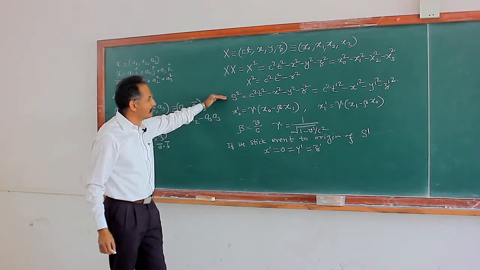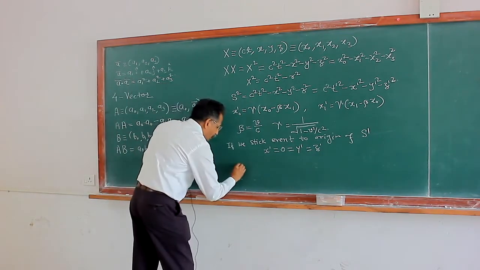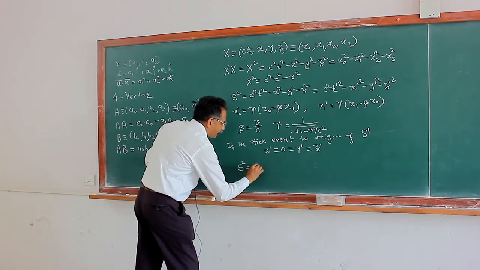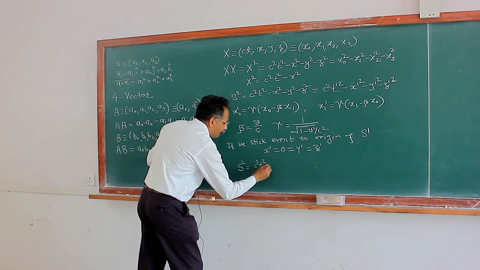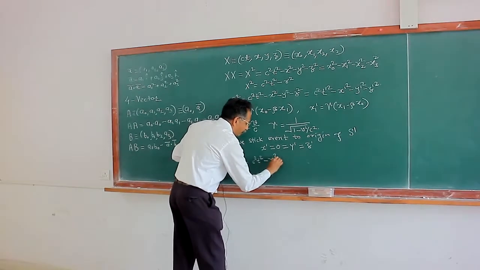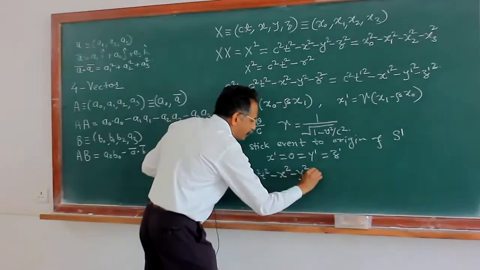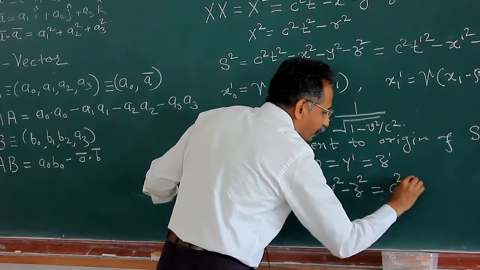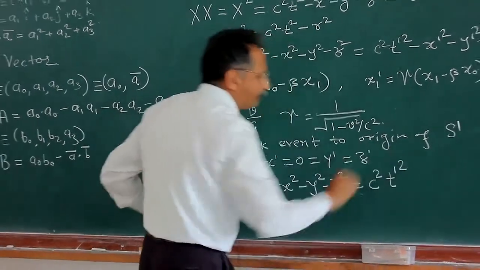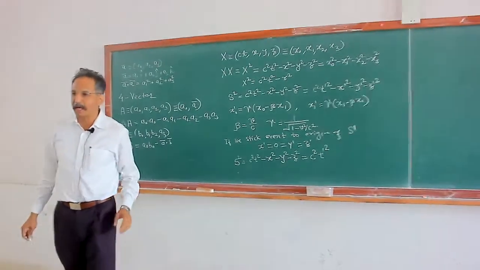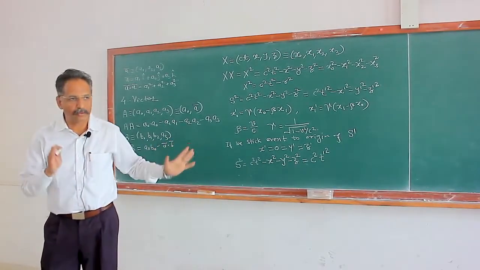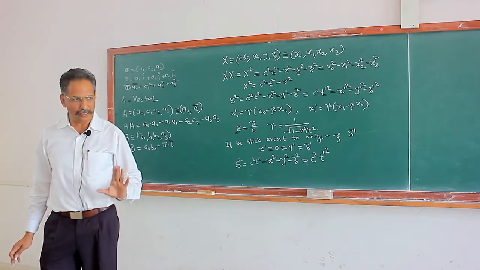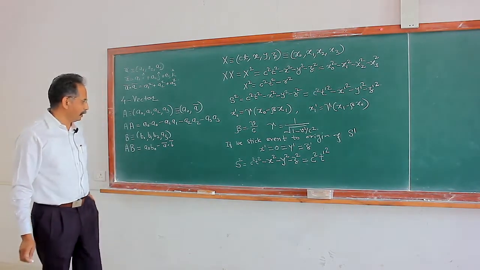So this last equation becomes s square is equal to c square t square minus x square minus y square minus z square. This is equal to c square t dash square, because we have chosen the event to occur at the origin of S dash. So that is the simple argument that we have made here.